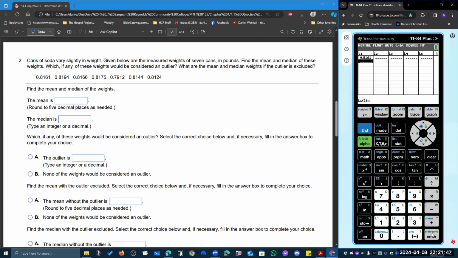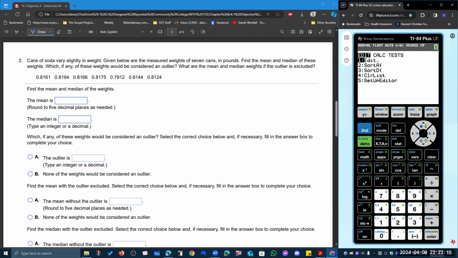0.8161, 0.8194, 0.8166, 0.8175, 0.7912, 0.8144, 0.8124. So let's find the mean and median.